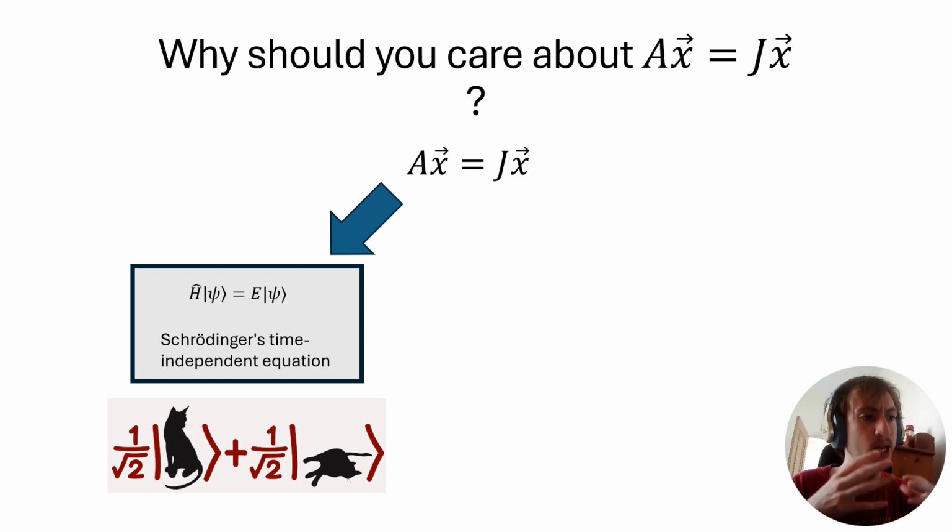That actually causes there to be only a certain number of possible values for that physical observable, because a matrix will have a discrete set of eigenvalues.